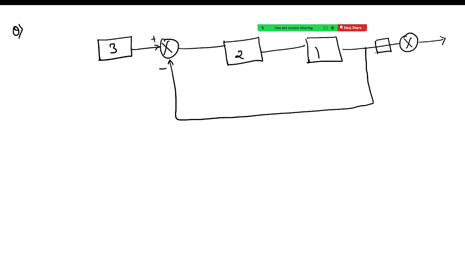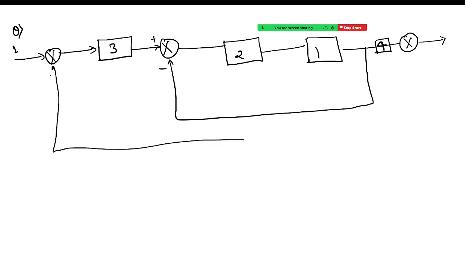And here there is a 4. Again here 1. That is positive also. That is 1 by 4.